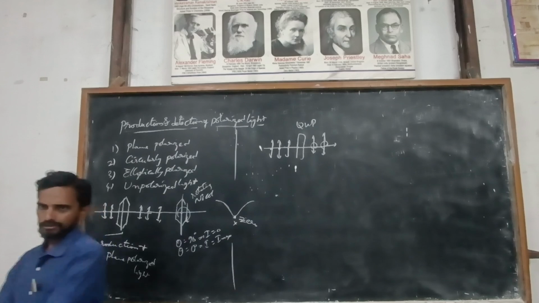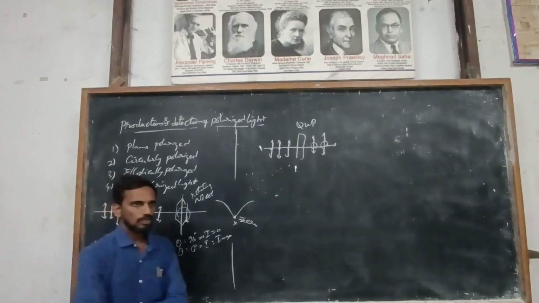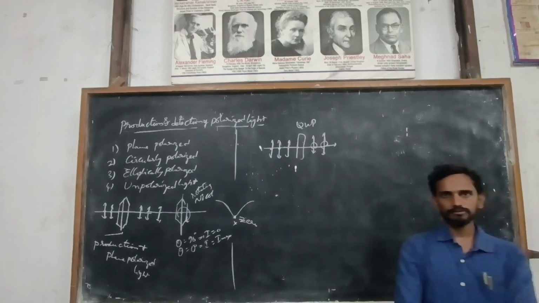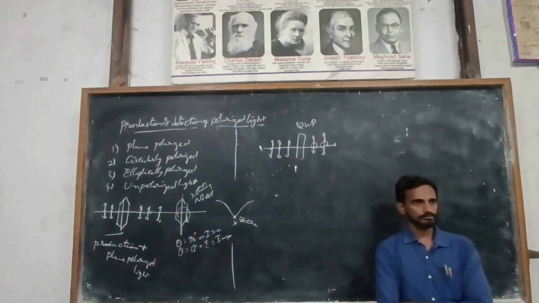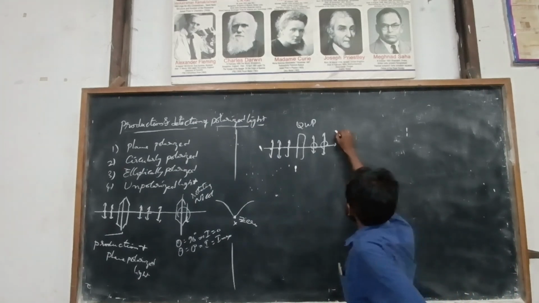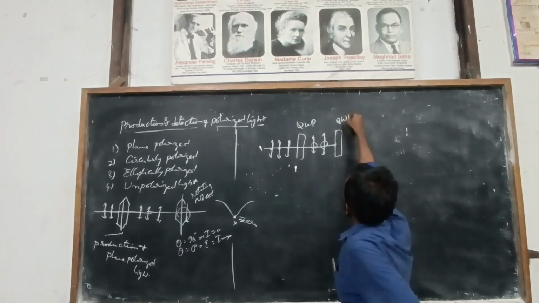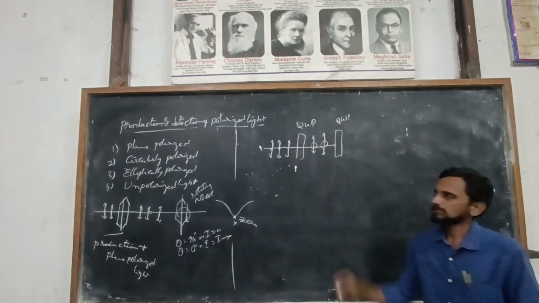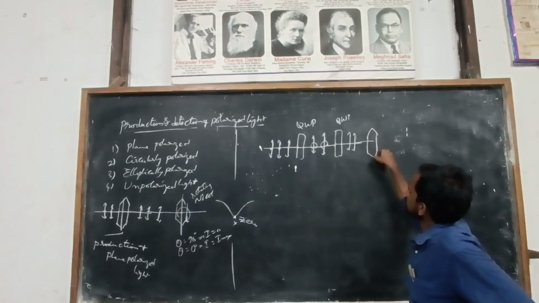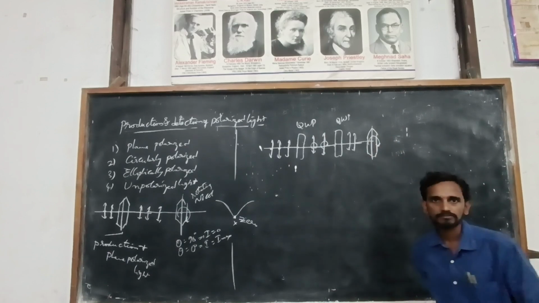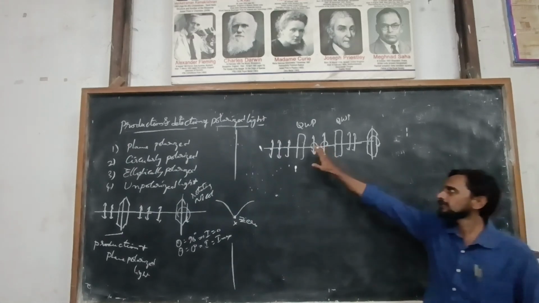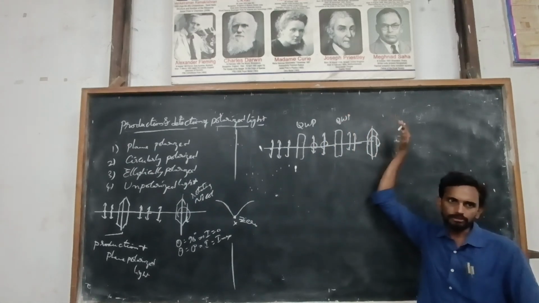Then how to detect that? How do you identify whether the given light is circularly polarized or not? To identify that, we have to use another quarter wave plate. Then it becomes plane polarized. Then use a rotating Nicol. Whatever light you have been given, pass it through a quarter wave plate, then use a rotating Nicol.